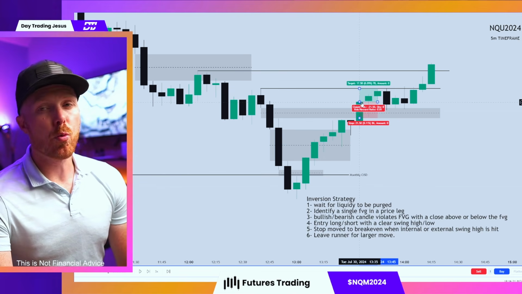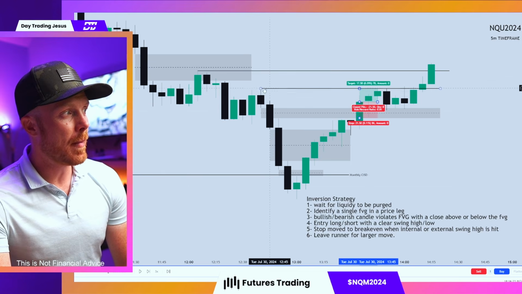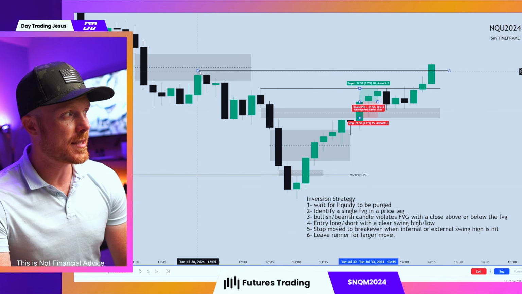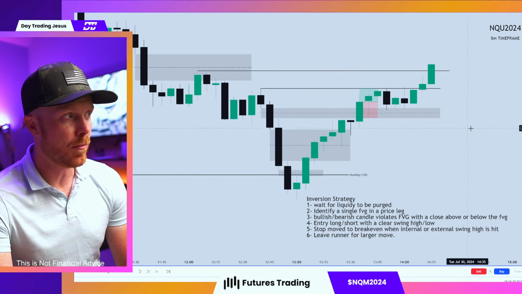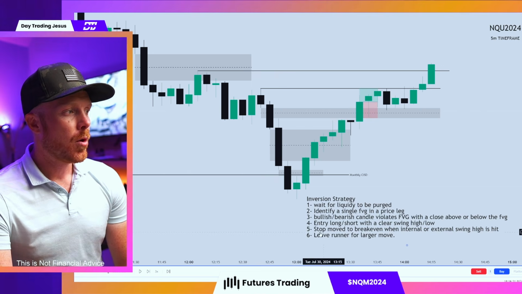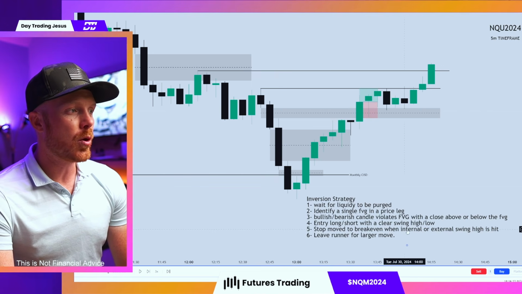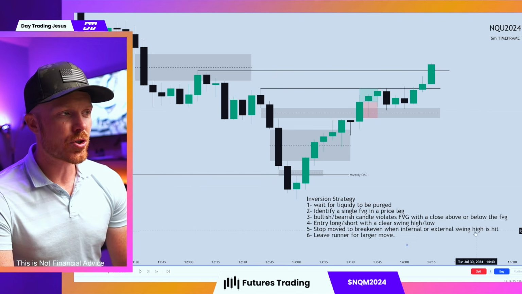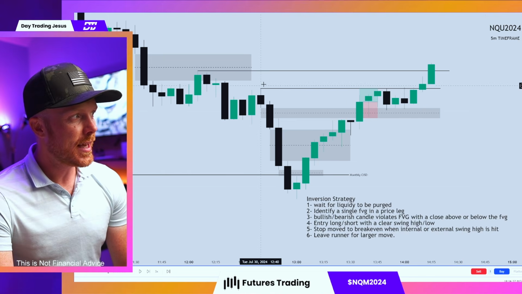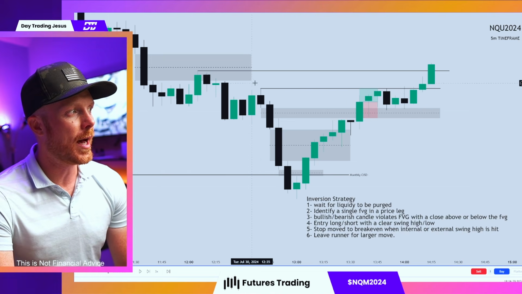Now, if you believe we're really bullish and you think we might run this high and then this high like we do in this example, we move on to step 5. We want to move our stop to break even when the internal or the external high is hit. In this case, this would be an internal swing high.